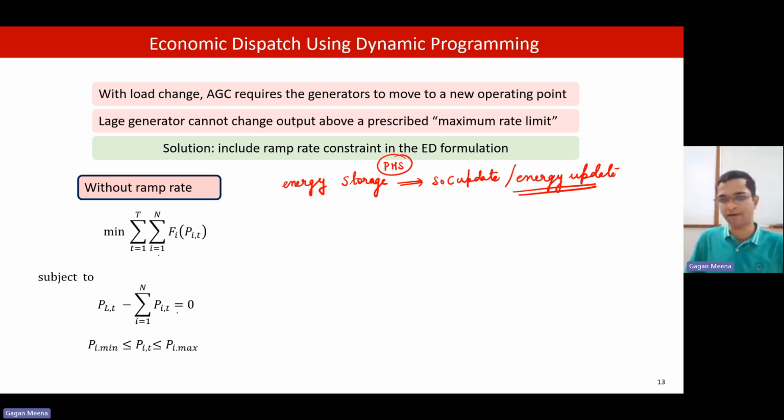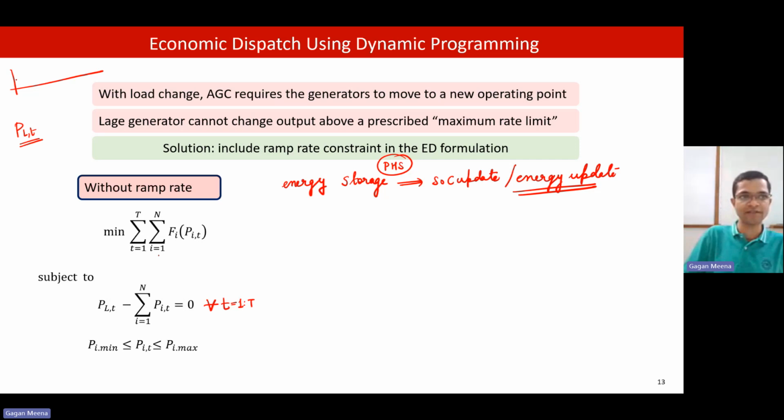And subject to this power balance constraint, which has to be satisfied for all time blocks, for t equal to 1 to T. For each time, this constraint needs to be satisfied, because this P_L,t is the load, the demand.